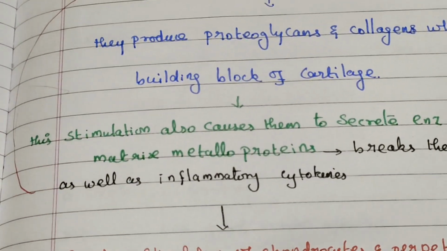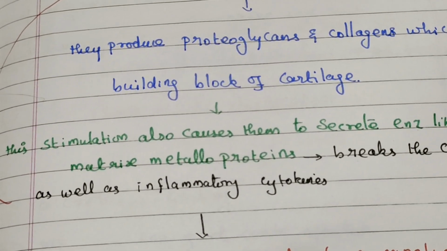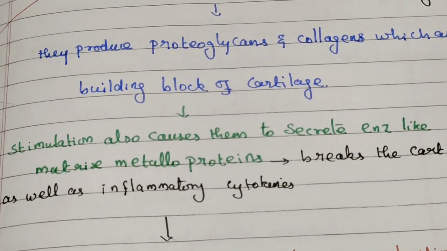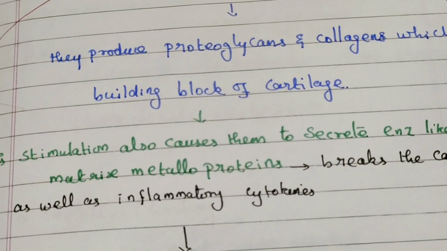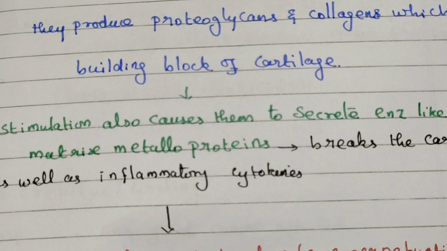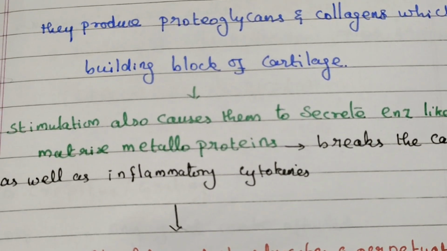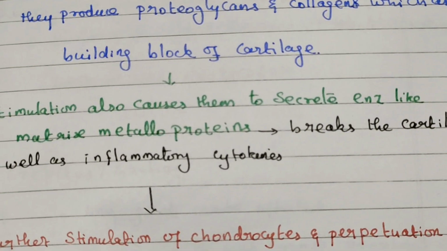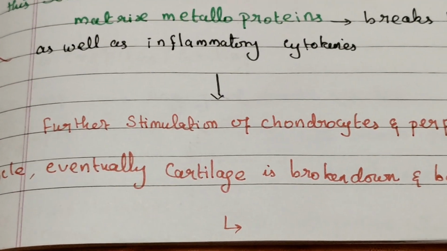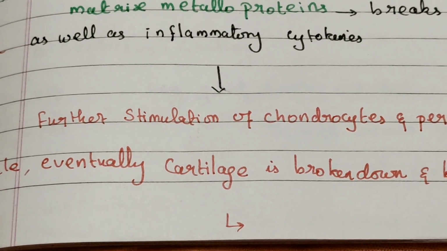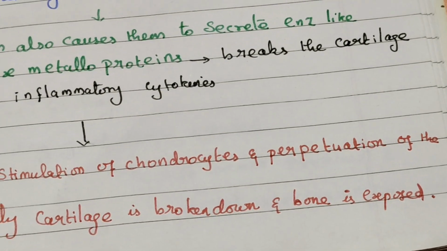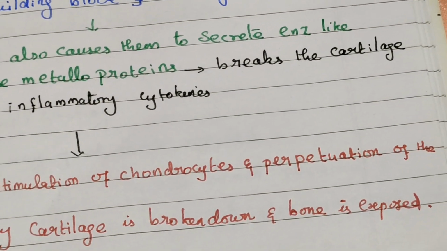However, their stimulation also causes them to secrete enzymes like matrix metalloproteinases that break down the cartilage, as well as inflammatory cytokines. That causes further stimulation of chondrocytes and perpetuation of the cycle.